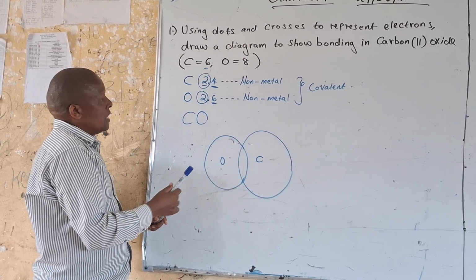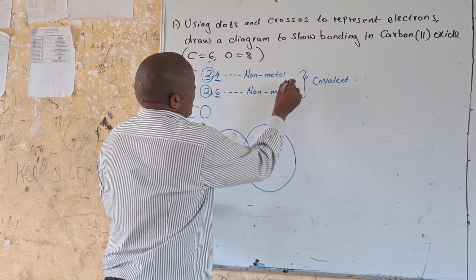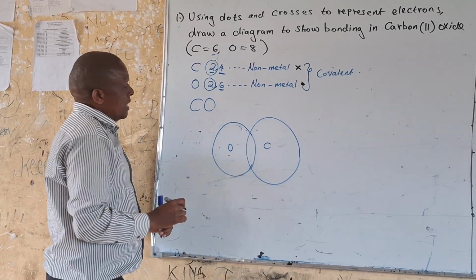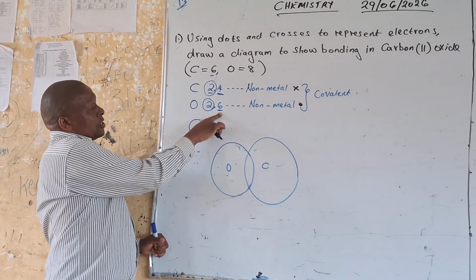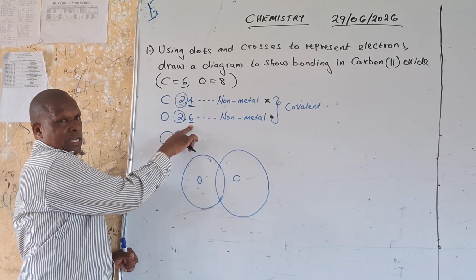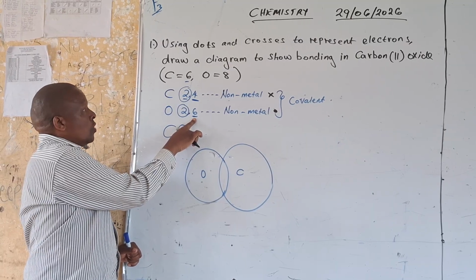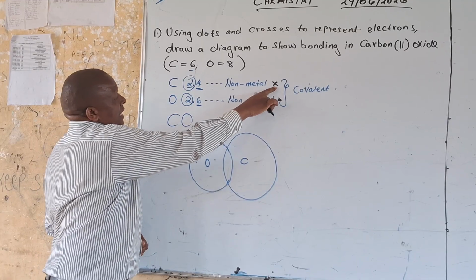Are we together? So now, the electrons of carbon will be represented by X, and the electrons of oxygen will be represented by dots. Let's start with oxygen. How many electrons does oxygen have? 6. It already has 6. Are we together? Yes. How many does it require to become stable? 2. Where do the 2 come from? Carbon. So we'll write the electrons of carbon.